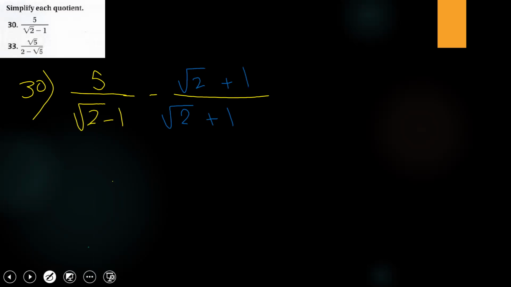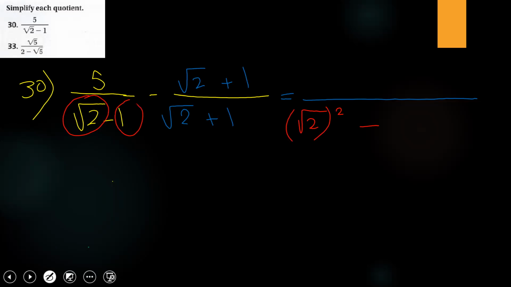Then after that, let's go to the denominator now. Here, what we have to say? We say that it is the square of the first term minus the square of the second term. And then up, I will multiply 5 times square root of 2 plus 1.